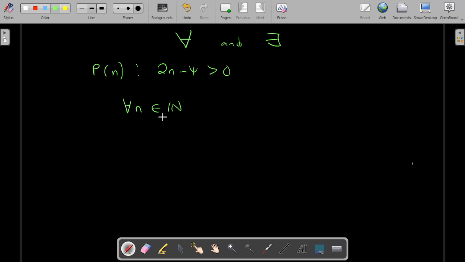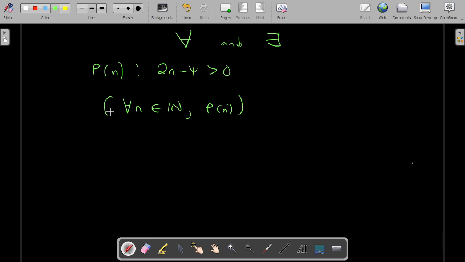If we have for every n in N, P of n, this is a proposition. We've constructed a proposition. Now, is this proposition true or is it false? How are we going to establish that?